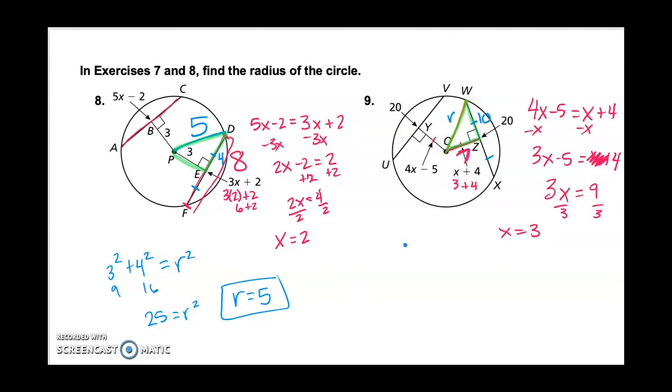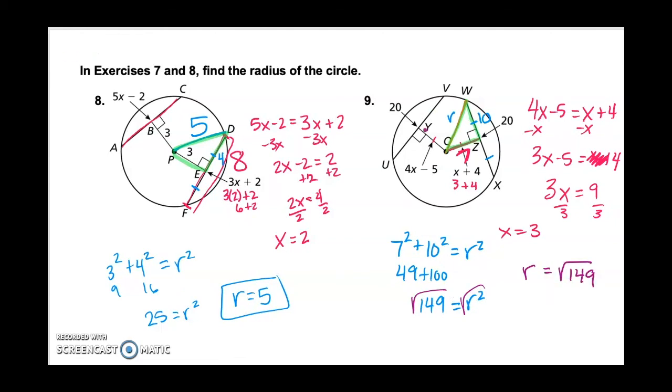So we set up Pythagorean theorem. 7 squared plus 10 squared is equal to r squared. That would be 49 plus 100, which is 149, equal to r squared. Then last step is we take the square root of both sides, and we get that r is equal to square root 149.